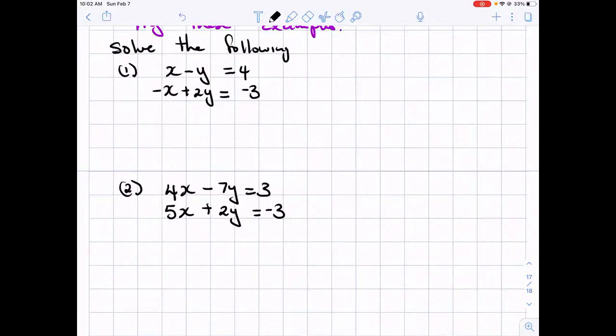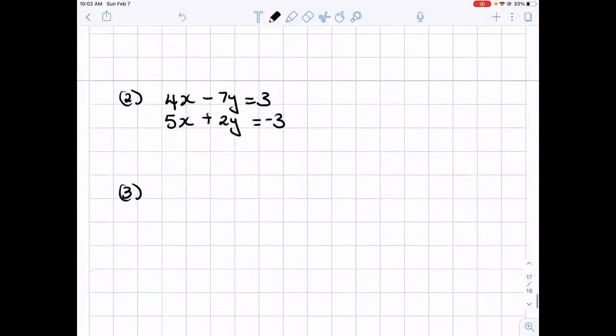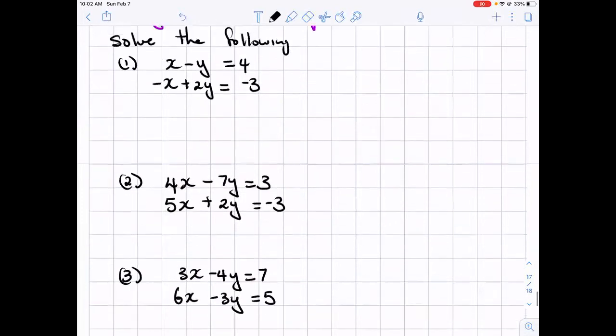And one more, 3. If we have 3x minus 4y equals 7, and 6x minus 3y is equal to 5. So I am asking you to try these 3 examples as practice, and you can also use all 3 methods for every problem and see what happens.